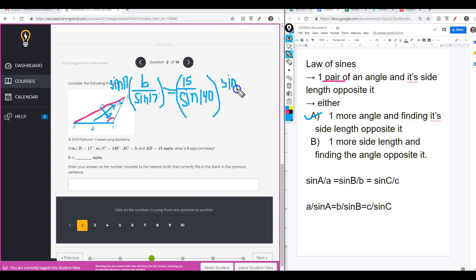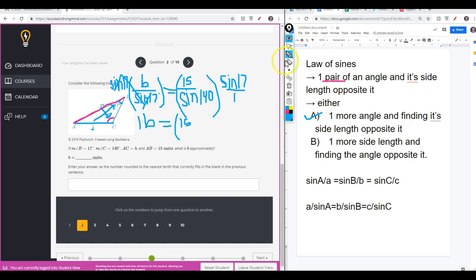Now, sine of 17 divided by sine of 17 reduces down to 1 because it's the same thing divided by the same thing. So then I have 1b is equal to 15 times sine of 17. When you multiply fractions, it's numerator to numerator, and sine of 17 can be written as sine of 17 divided by 1.